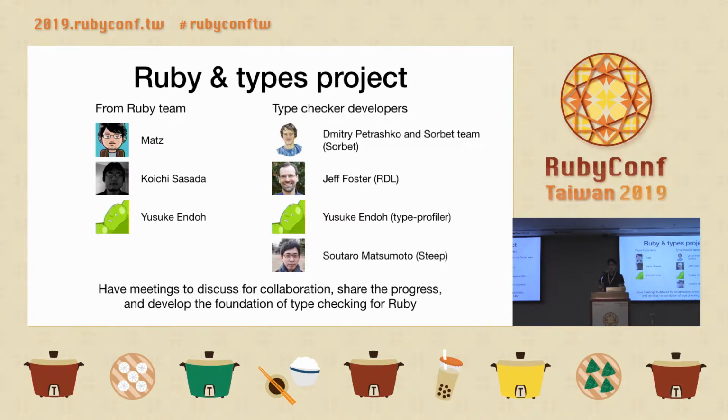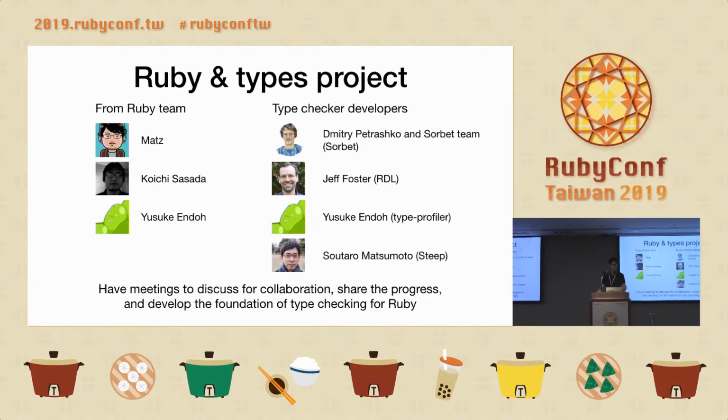We call ourselves the Ruby Types project. The members include someone from the Ruby core team, including Matz, and the type checker developers working together. It includes the Sorbet team from Stripe. It includes Professor Jeff Foster, who develops another type checker called RDL as his research project.